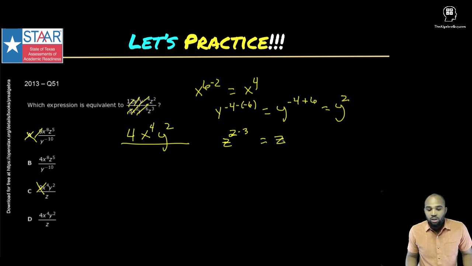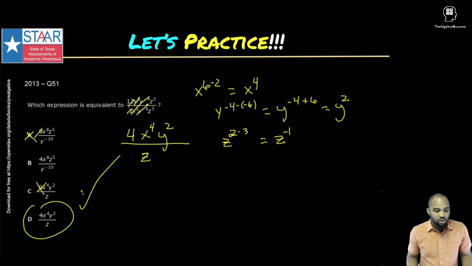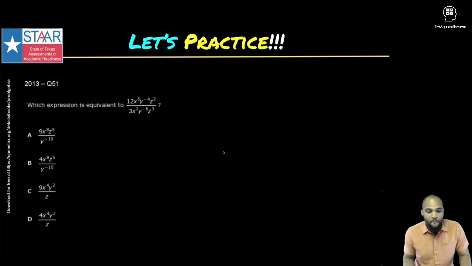So z, 2 minus 3 is going to give us a -1. So to get that negative to go away, I'm going to take it from the top to the bottom to be just z to the 1. Don't have to write a 1 there. Which answer has this? This looks good. Yep, this is the one we want.